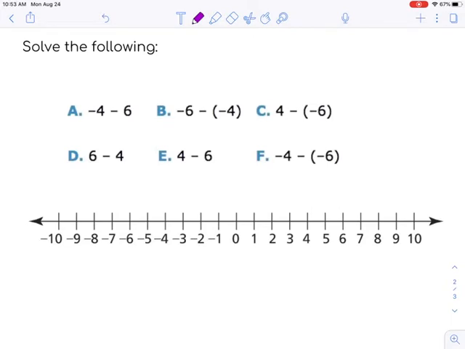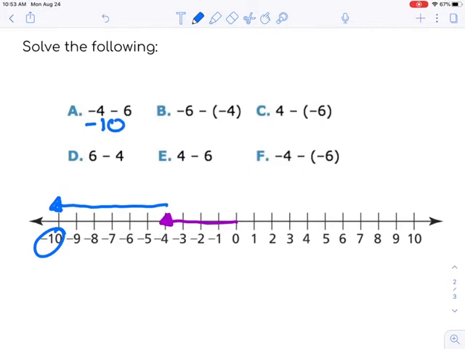A, -4 minus 6. So first, let's put it on the number line. Remember, we always start at 0. We're going to go -4. And then it says we're taking away 6 from there. So 1, 2, 3, 4, 5, 6. So what am I left with? -10.